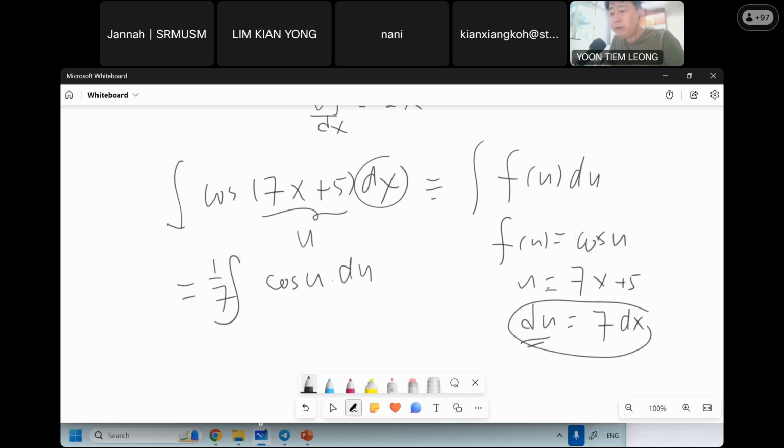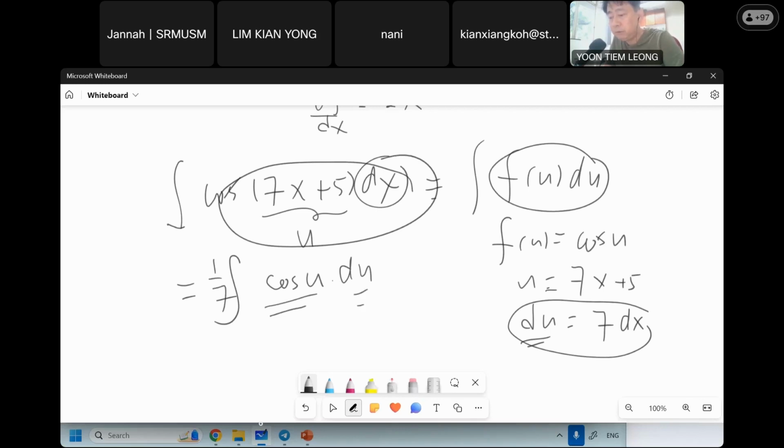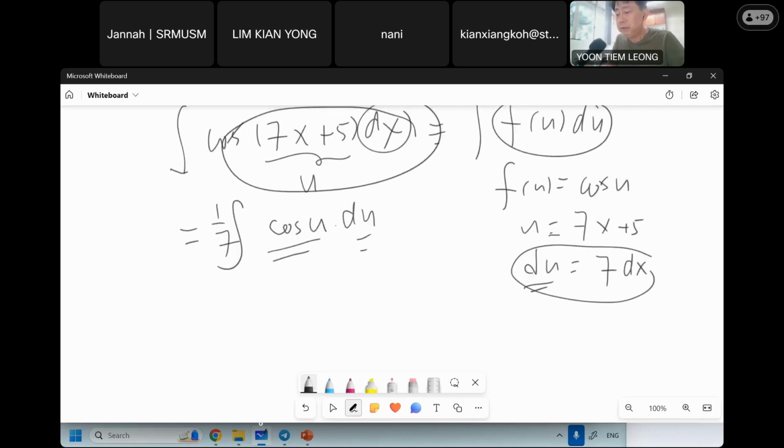So by doing that simple substitution, I am now able to cast these integrations into the form of f of u du, where f of u is cos of u, and this could then be integrated quite easily.